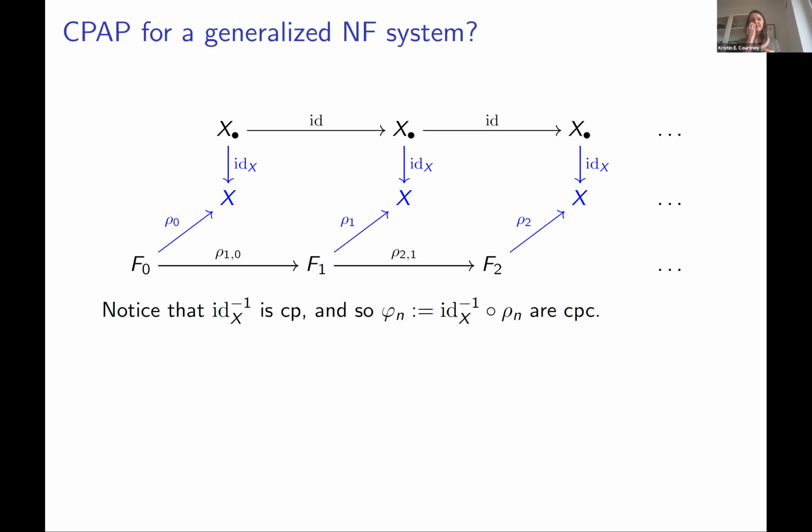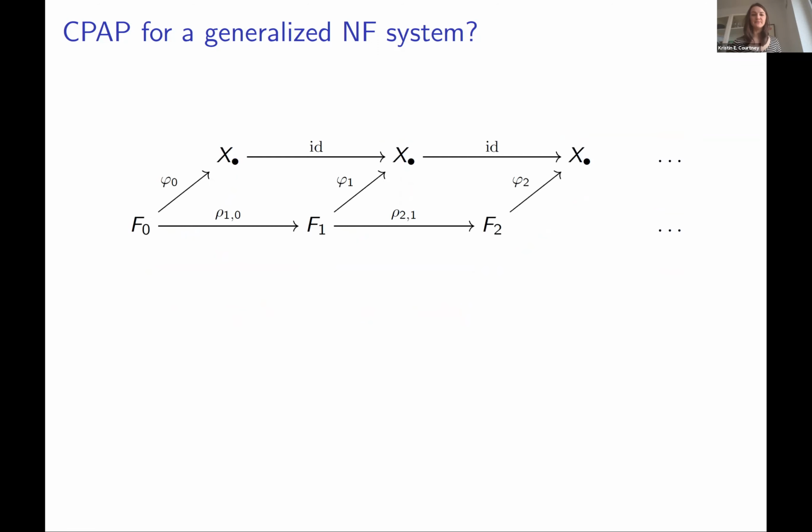Now notice that because the identity map is an injective CPC order 0 map, its inverse is completely positive. It maps positive elements to positive elements, even under matrix amplifications. And so that means that at each stage, if I compose it with the canonical map from F_n into X, then I get CPC maps that go straight from my finite dimensional C-star algebras into X bullet.